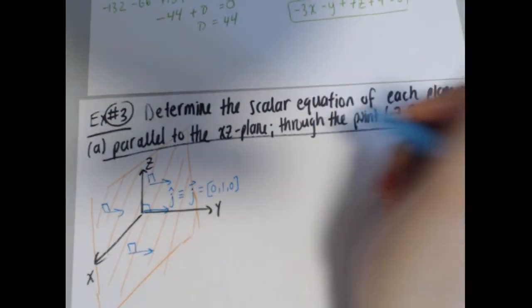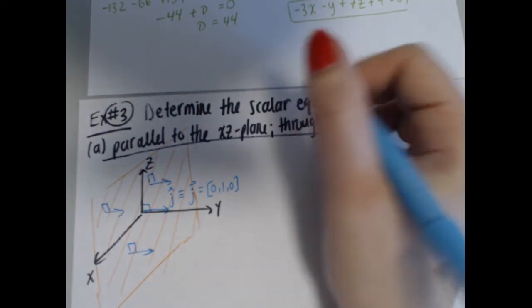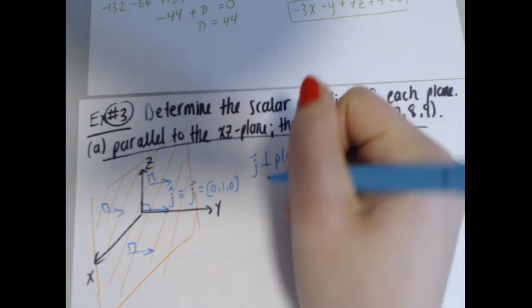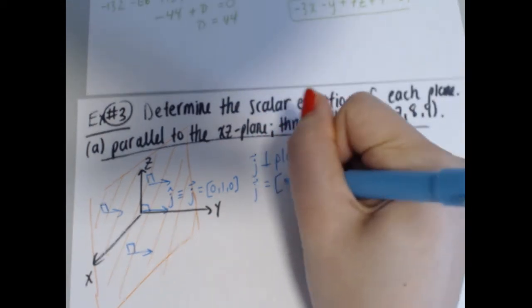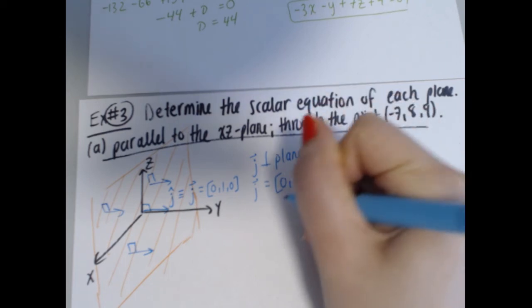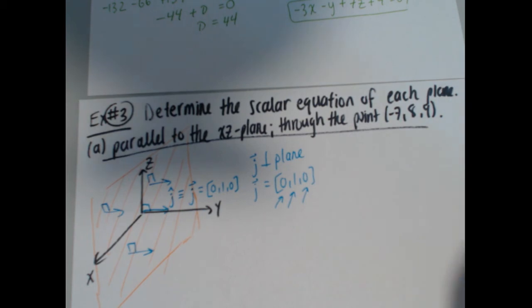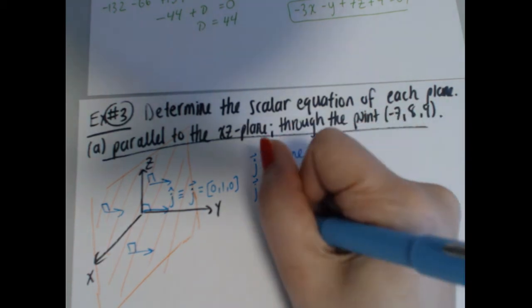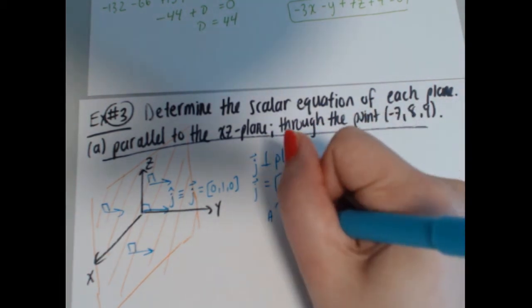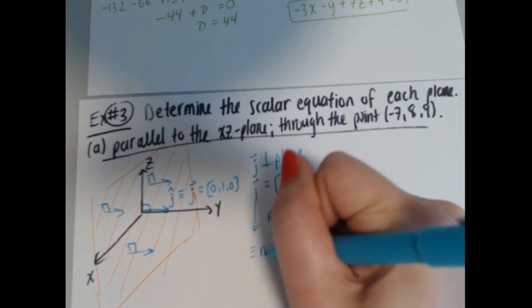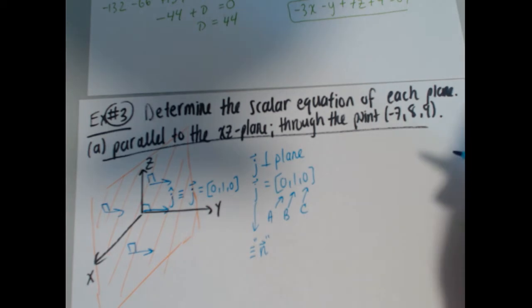All right, so I have my j hat, so 0, 1, 0, and I know that j is perpendicular to the plane. Okay, so again, here's j, 0, 1, 0. That means these represent the entries A, B, and C, since this is effectively the normal vector. So that means A is 0, B is 1, and C is 0. Right? So remember, this is effectively the normal vector.